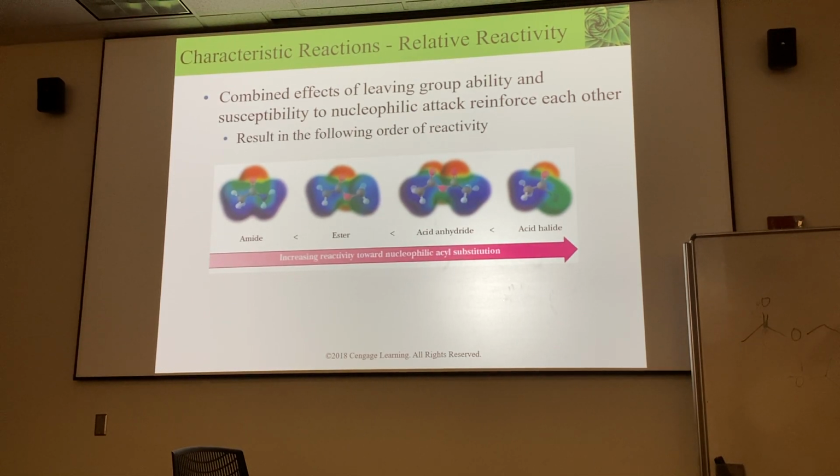So, the combined effect of leaving group ability and susceptibility to nucleophilic attack. It has something to do with the degree of electrophilicity we've got here, but even more so it's going to be the leaving group.